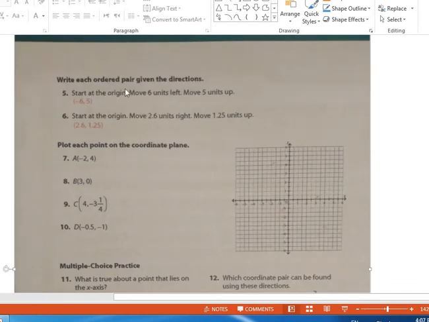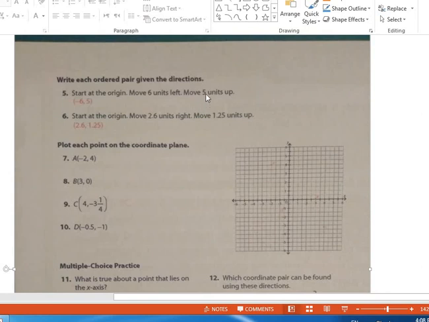Write each ordered pair given the direction. It gives me now the directions and wants me to write the ordered pair. Start at the origin, move 6 units left. When I move left, I move to negative, so negative 6.